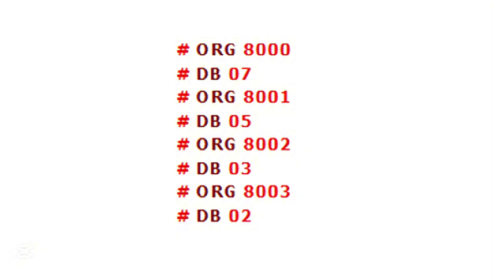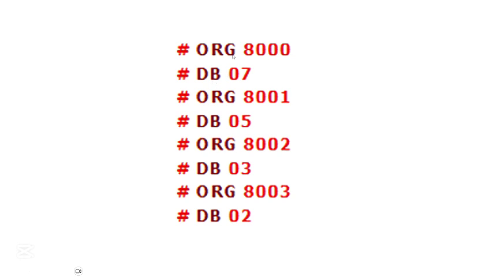It tells the assembler at which memory address the following data or code should be placed. Then the DB is the defined byte. It is used to store 1 byte of data into memory. So when you want to save a value into a memory, we use a DB.